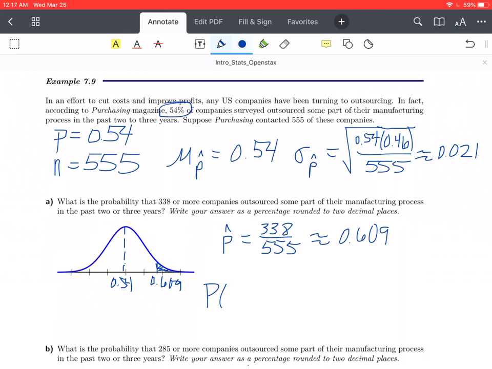So we want the probability that p hat is greater than or equal to 0.609. Okay, and we can go ahead and put this into Desmos given our mean and standard deviation.